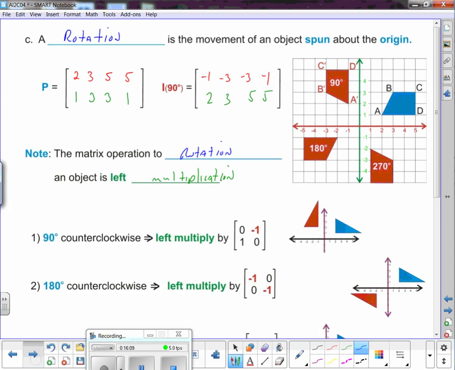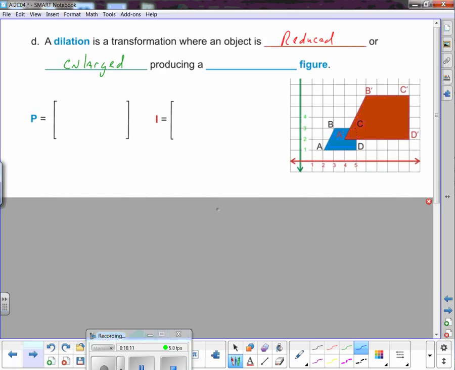As with rotation, how about dilation? Are all the corresponding angles congruent? Are all the corresponding sides congruent? No, but all the corresponding sides are, what's the next word? Proportional. And that would be the definition of, y'all had it last year.